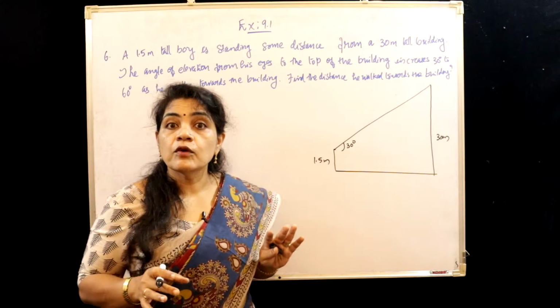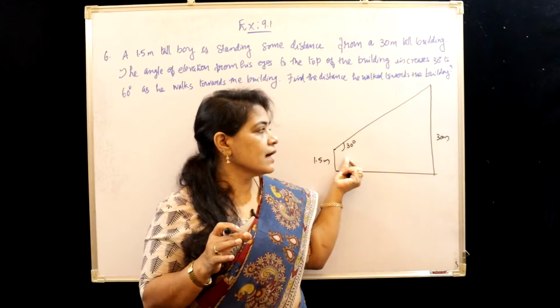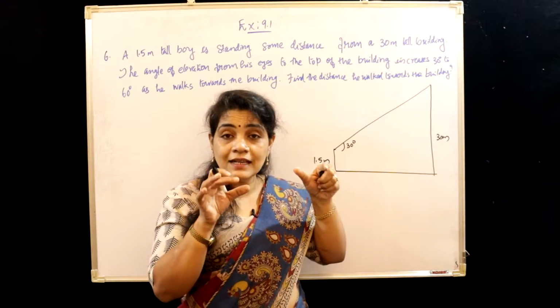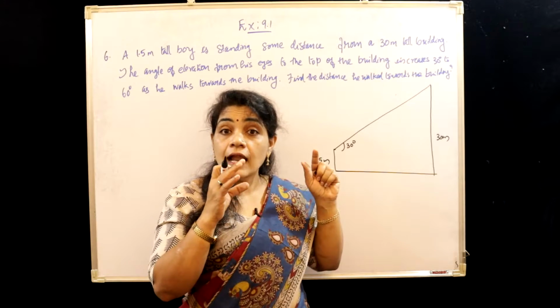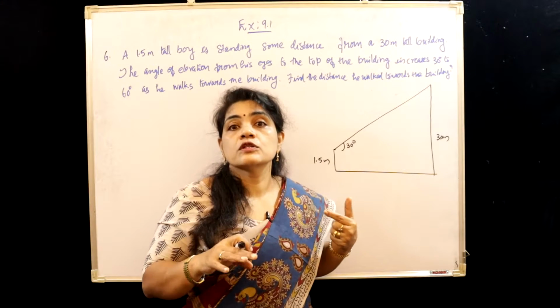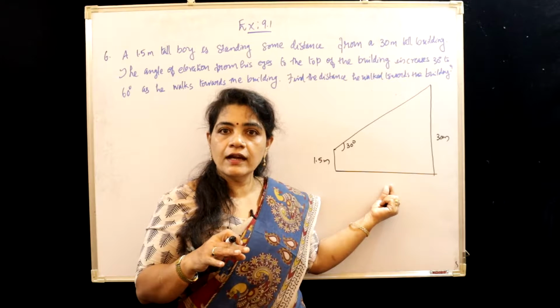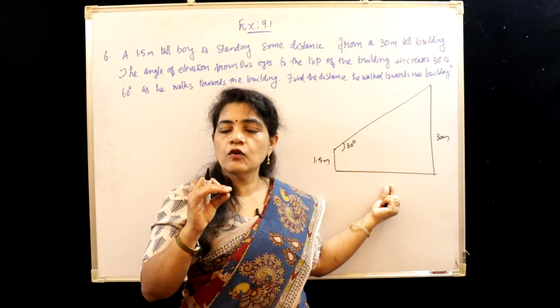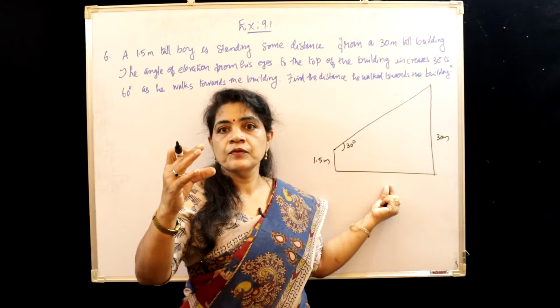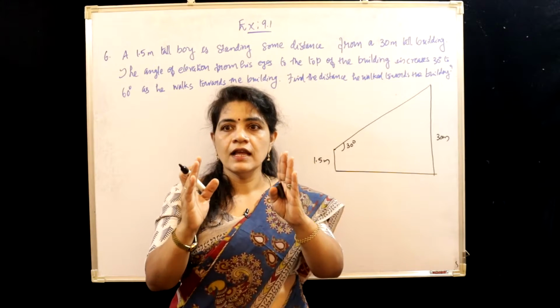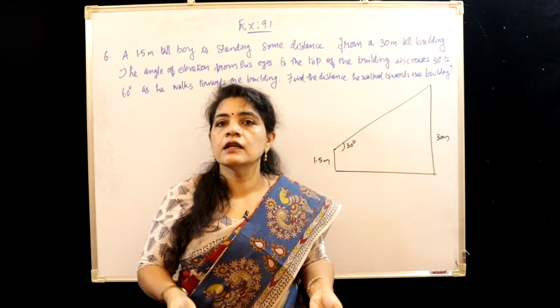Here the very important point is where we can mark this angle, that is the angle between the line of sight and the horizontal. Here is the ground level actually, but since that angle of elevation is from his eyes, that horizontal level is always parallel to the ground.